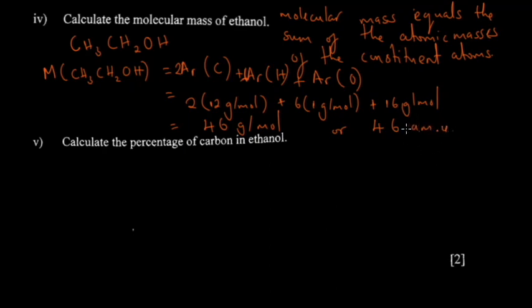If you're doing chemistry, then you probably are familiar with the atomic mass unit. It is equivalent to a 12th of the mass of the carbon-12 isotope, which is defined as 1 atomic mass unit.